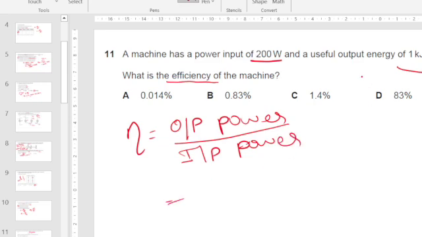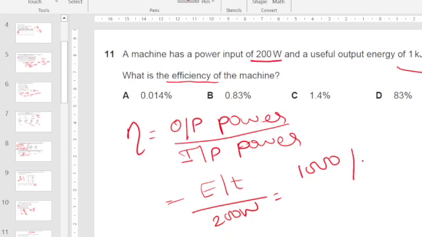So what is the output power? We need to calculate it as energy by time taken, and the input power is 200 watts, which is given. Energy is 1 kilojoule in 6 minutes, convert into seconds, divided by 200.